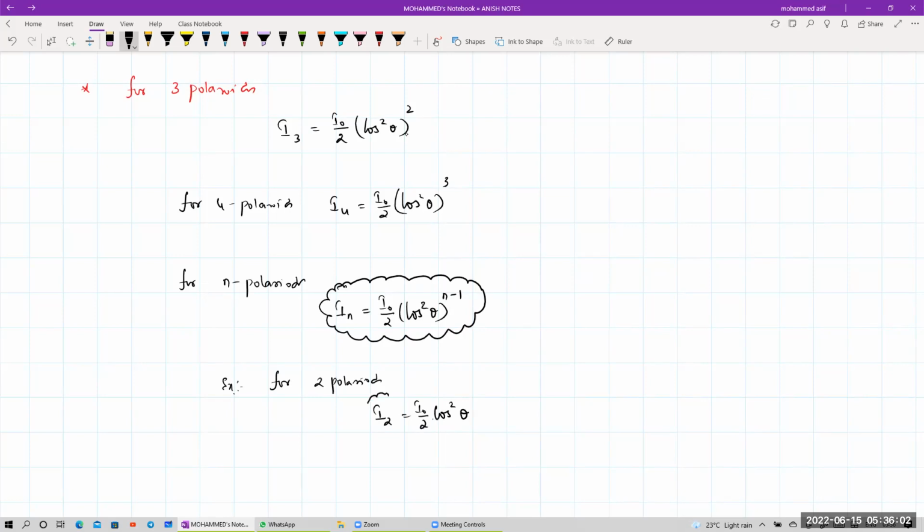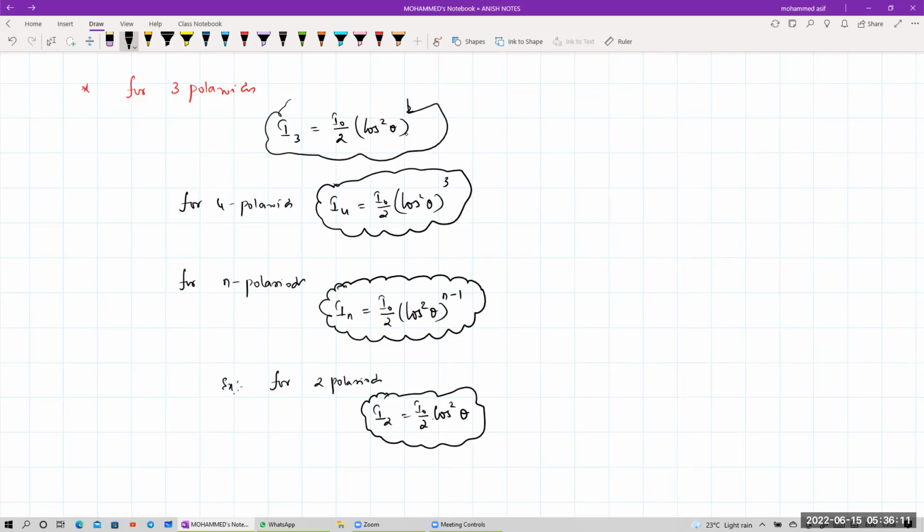So this is the value of your I2. This is for 3 polarizers, this is for 4 polarizers, and this is your general formula.